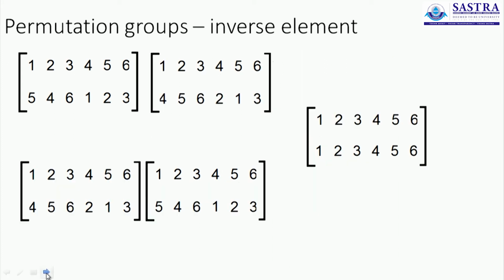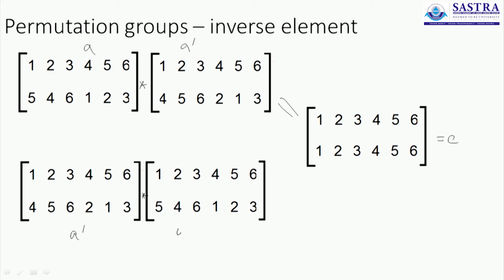I will show you an example. It works. I have just given you an example showing that 4, 5, 6, 2, 1, 3 will actually give me E again. So if this is A, this is the A dash I got you. So A star A dash is giving me E, and it is also giving me E if I flip the order.